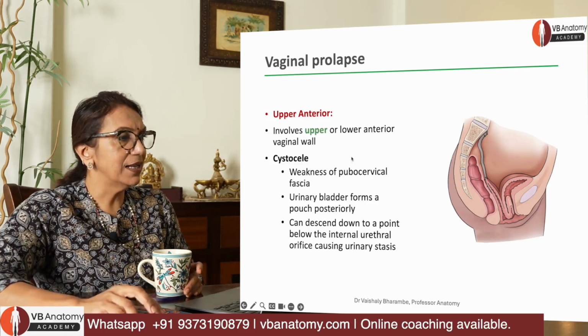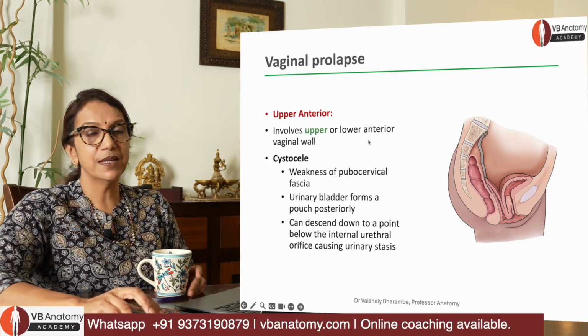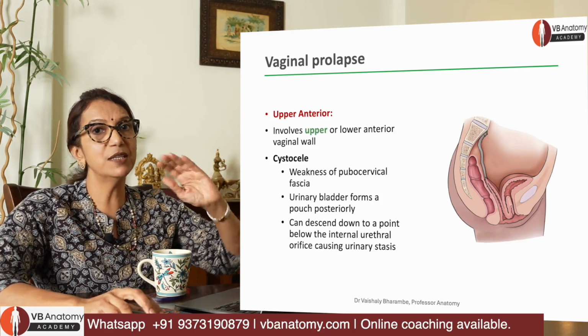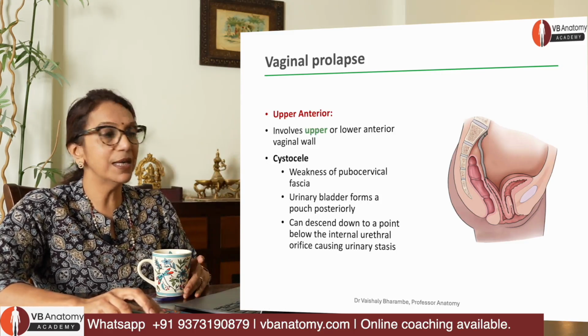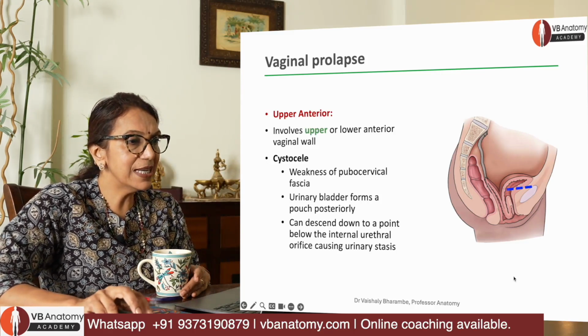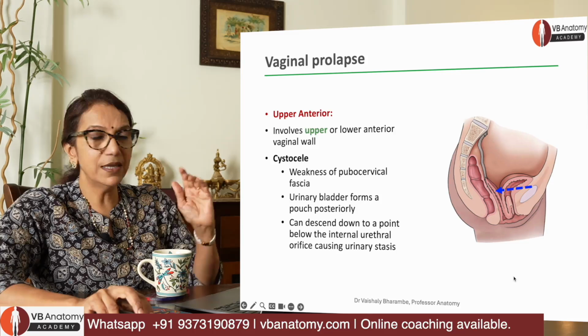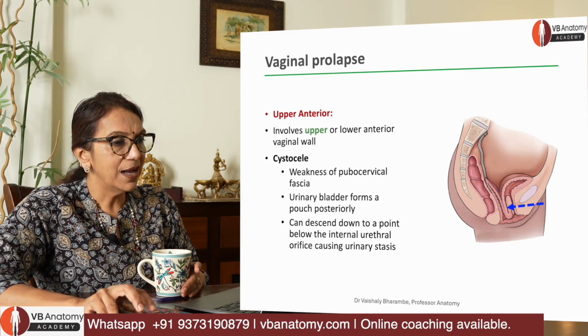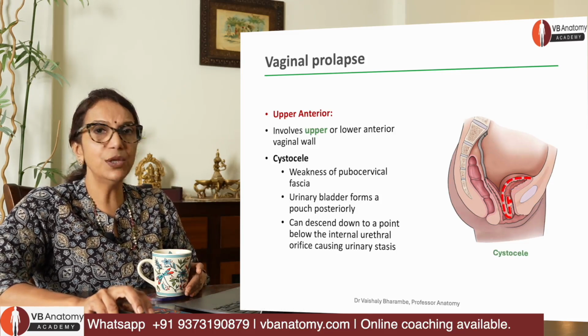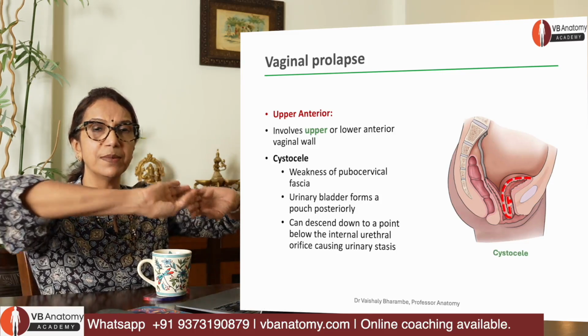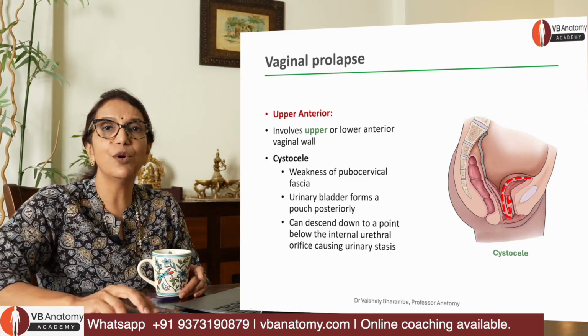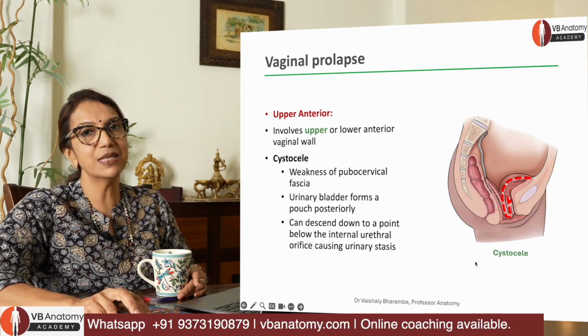Here what you are seeing is an upper anterior prolapse. The upper anterior part of the vagina is basically related to the urinary bladder. So the upper anterior wall prolapsing means a part of the urinary bladder begins to prolapse downwards, resulting in formation of what is called a cystocele.